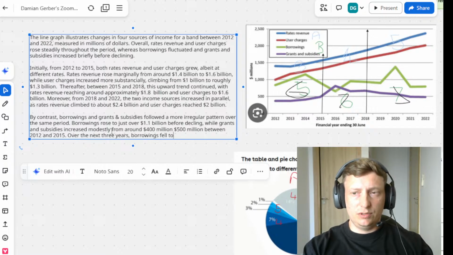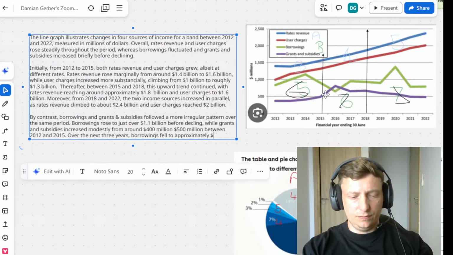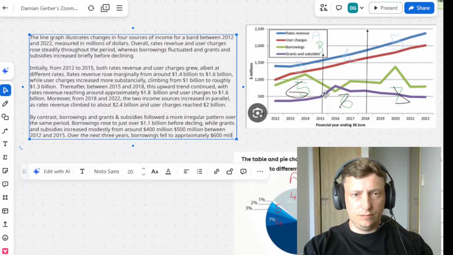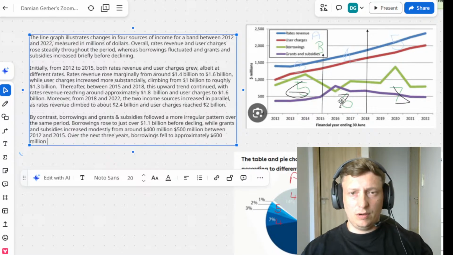Borrowings fell to... How low did they fall? 600? Yes, to approximately 600 million. And then after it fell, what did it do?